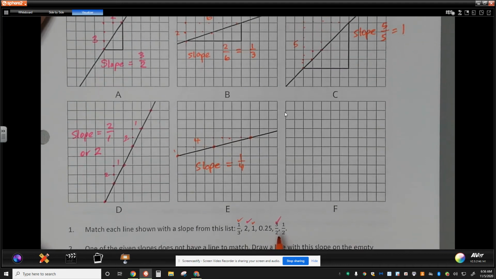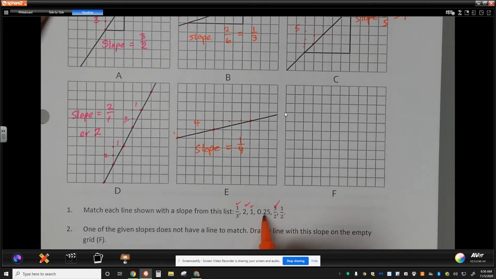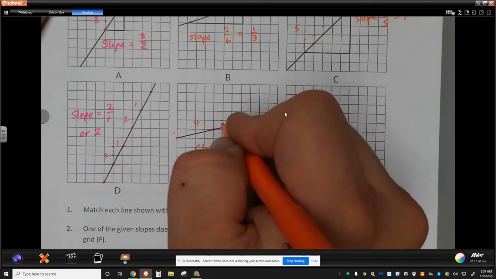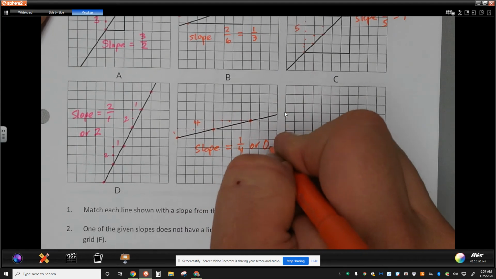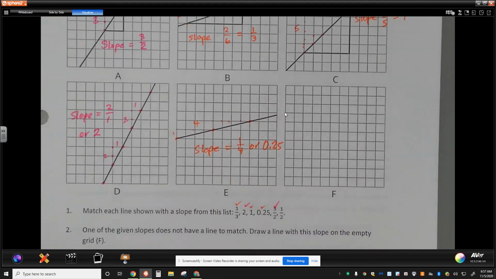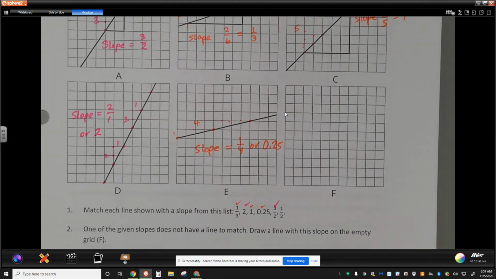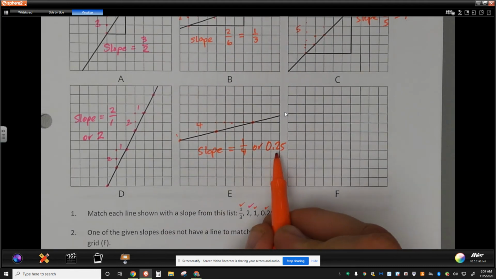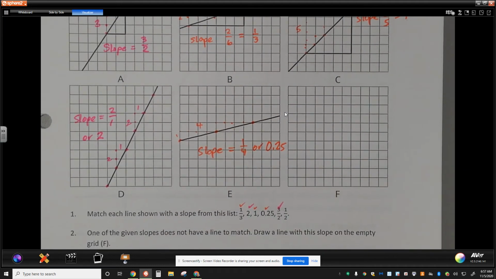I looked down my list, but I don't even see 1/4 there, but then you're saying, oh, silly guy, that's the same thing as 25/100. So like I said, sometimes the slope will be written as a decimal, not usually, but the slope can be written as a decimal in cases when we talk about a distance over a time, or when we talk about money or other things that are commonly written as a decimal.